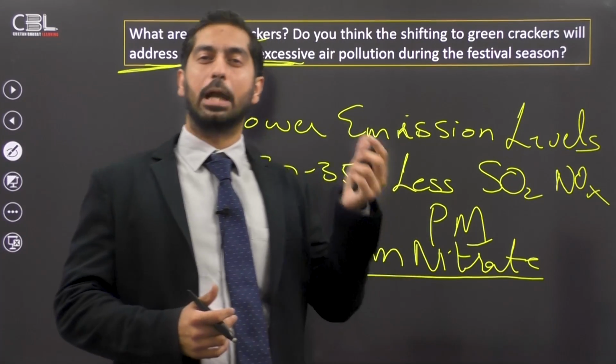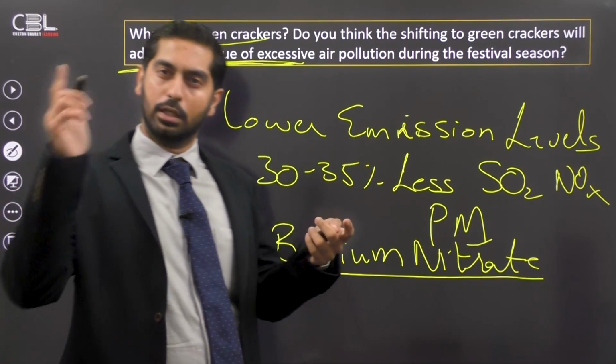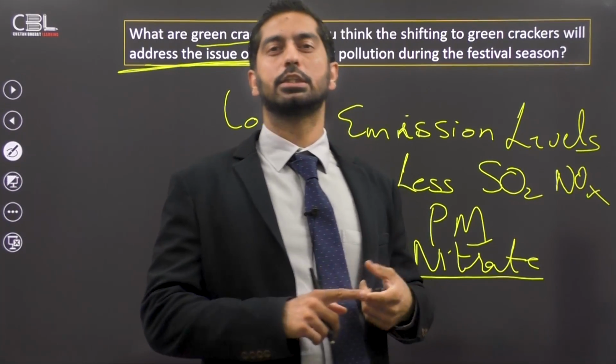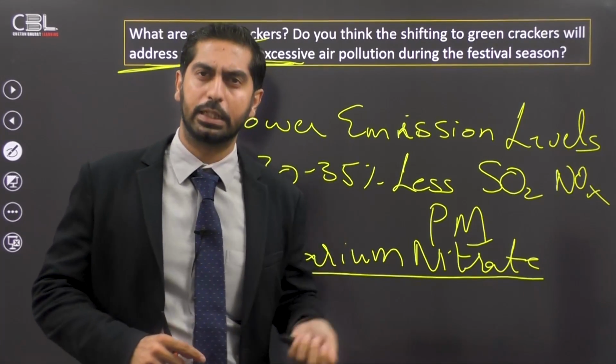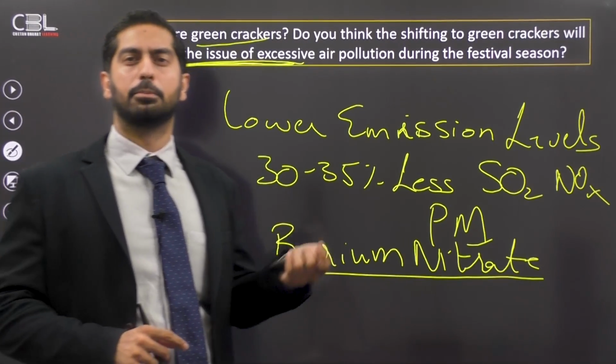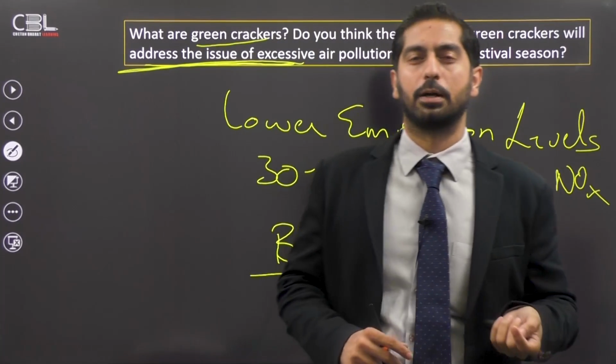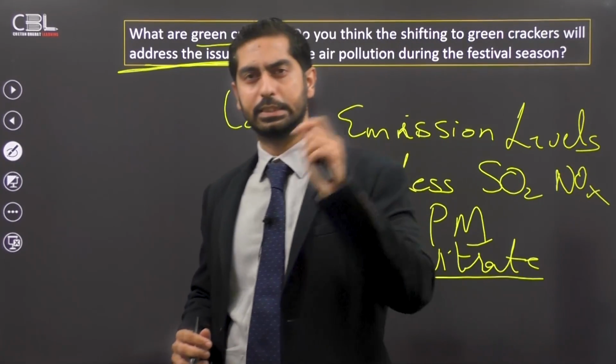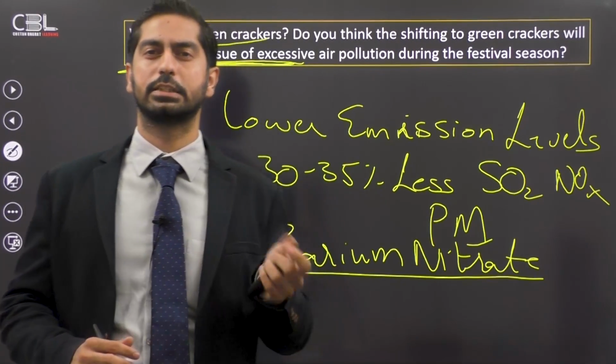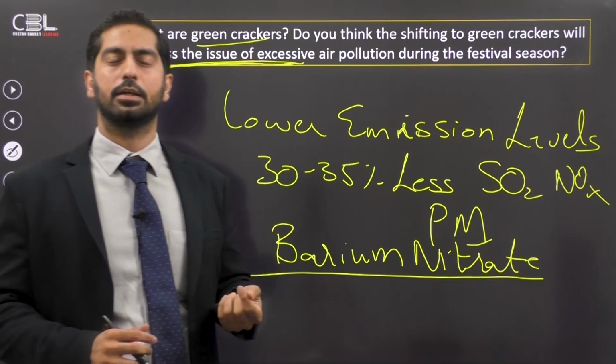So we need to simultaneously work on reducing the instances of stubble burning by appropriately incentivizing farmers, as well as giving proper alternatives to the farmers, so that this practice is properly checked.